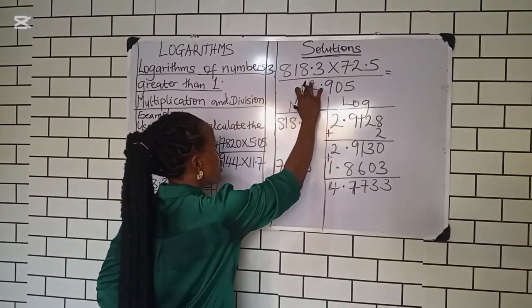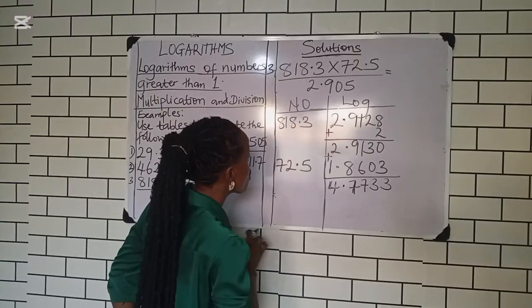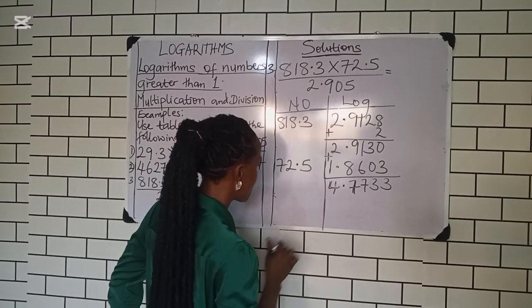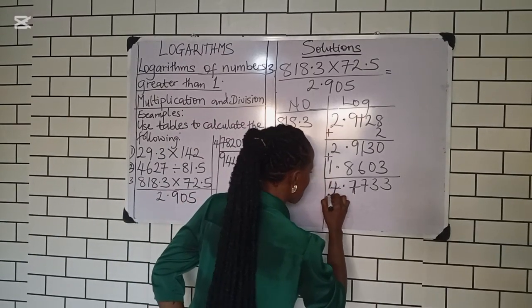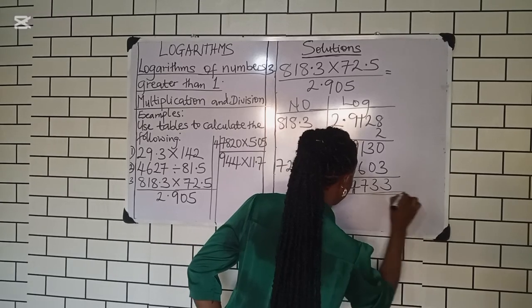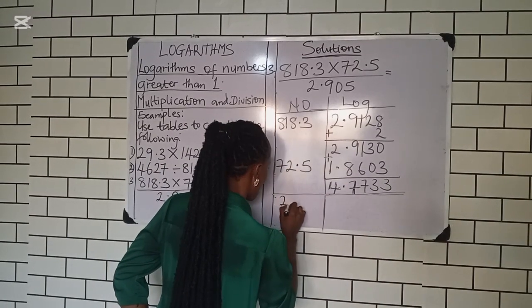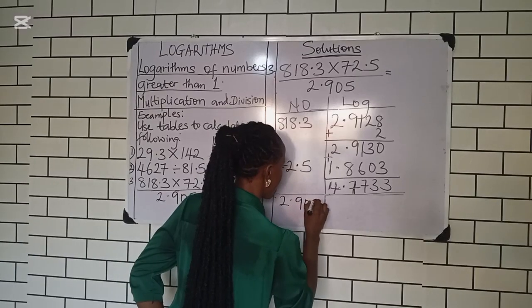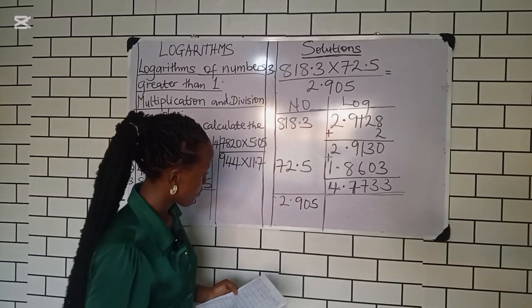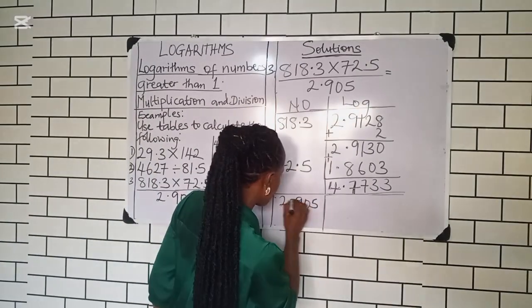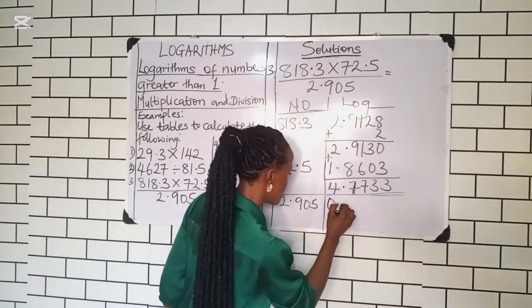Now for the denominator part, we have 2.905. This is the sum for the numerator part. Now for the denominator part, we have 2.905. The characteristic part here is 0 points.